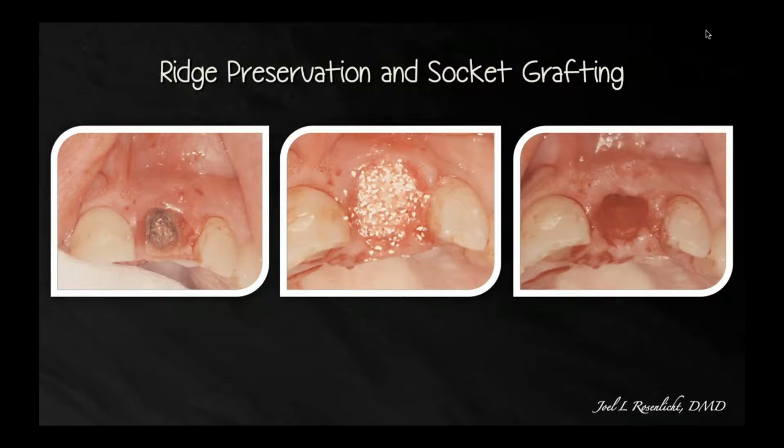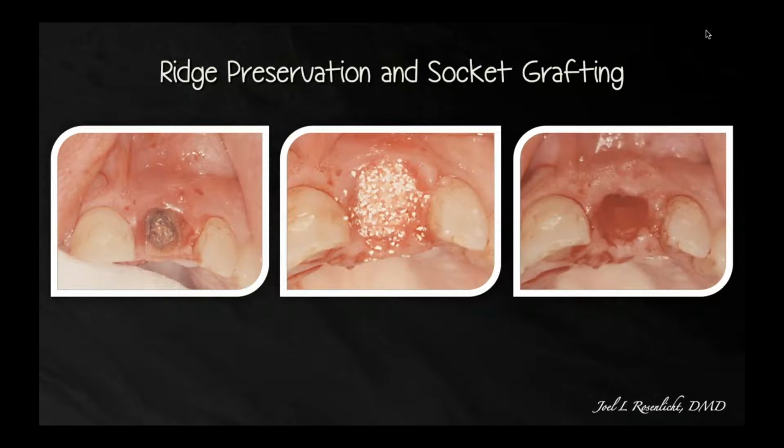I typically use this combination today, even though these slides are old. For me, that combination works great. I use the synthetic material as an expander, which keeps the cost down a little bit. I find it also maintains the ridge or graft a little bit longer so that it has adequate time for remodeling and resorption over time.